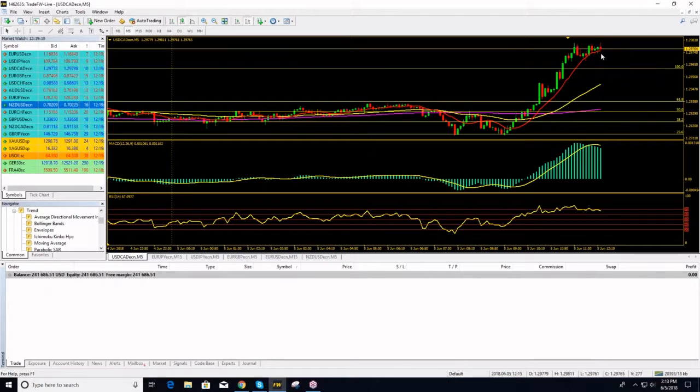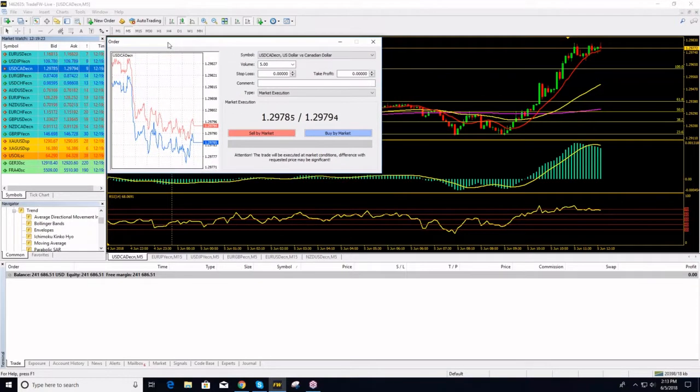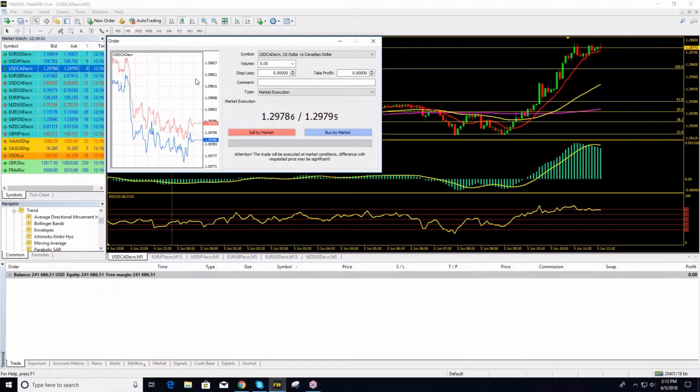Let's make some money. We are monitoring live the dollar CAD 5-minute chart. We are waiting for the candle to close below MA10. We are getting ready for our short position, our checklist. All the points of the checklist are ticked except this one, that we need a close below the MA10 on the 5-minute chart.